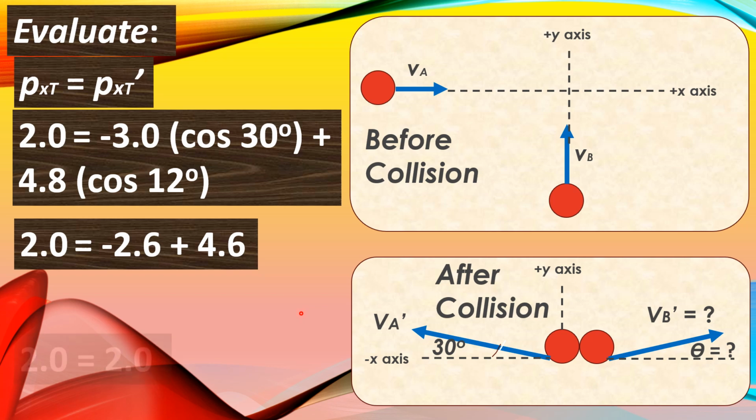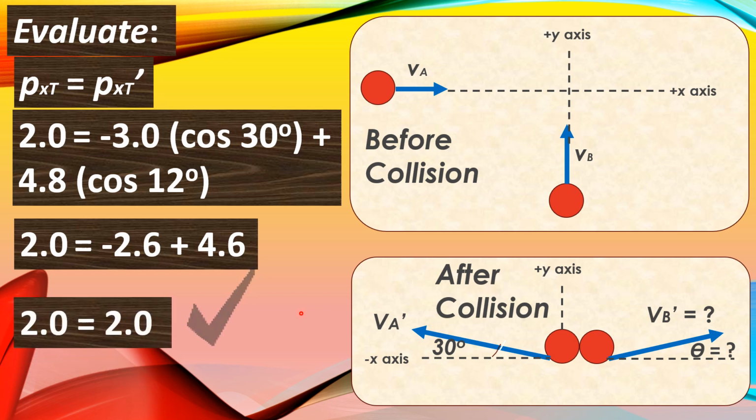So we will see that P sub xt is indeed equal to P sub xt prime. So here we say therefore that the conservation of momentum is satisfied for the x component of the momenta of the two particles.